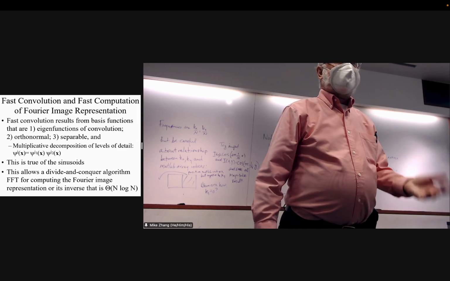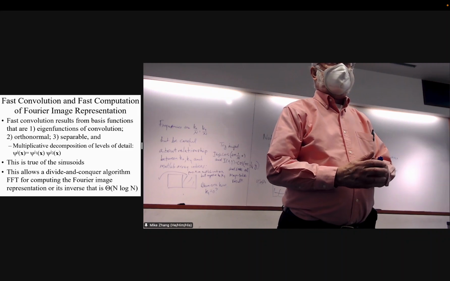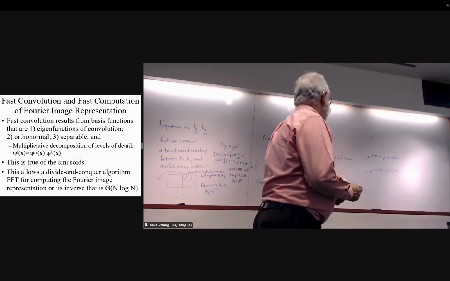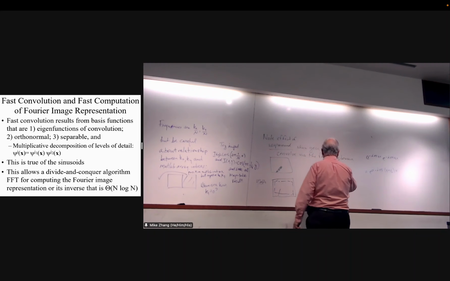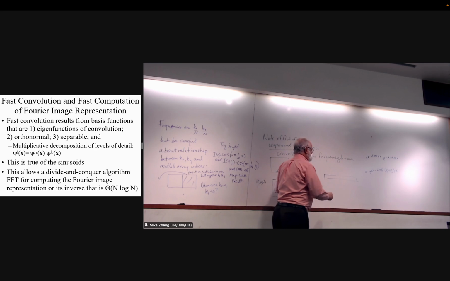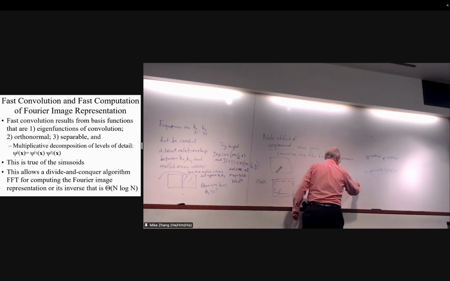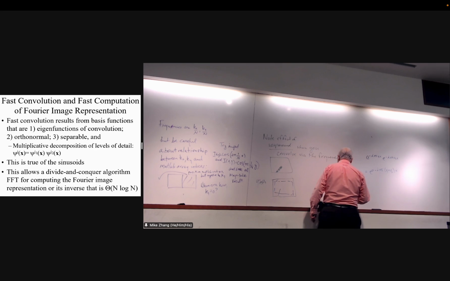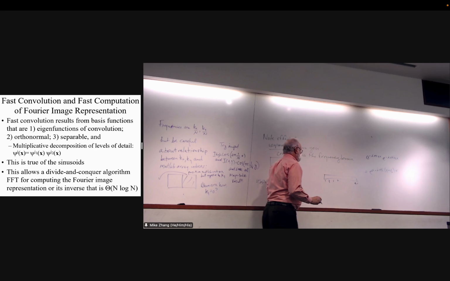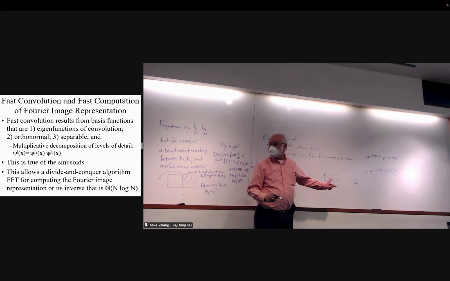And once you have that, the name of the game is, I'll do it in one dimension. It's separable, so it works in the other dimension as well. If you take the odd elements, 1, 3, 5, 7, up to n minus 1, you get something that's half as long as the original n-tuple.